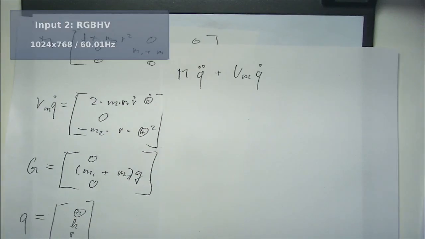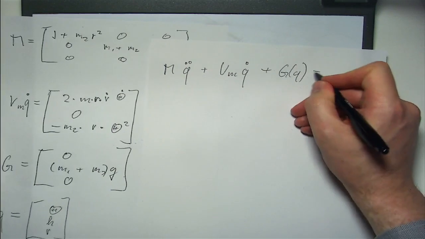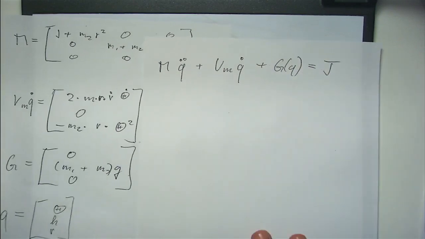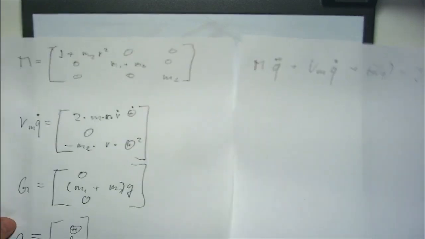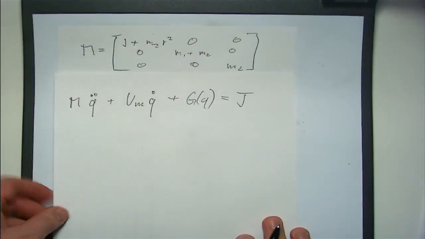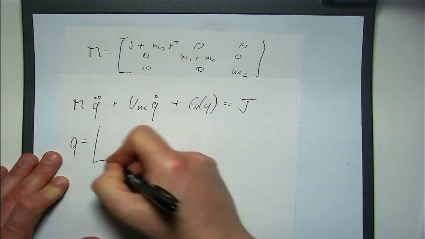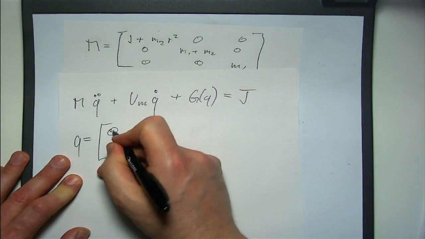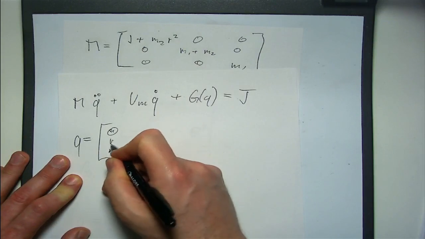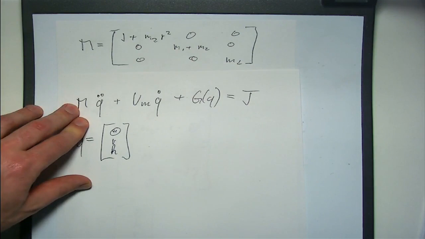So plus G(q) equals tau. What we have here at first is our M, which is our mass matrix.